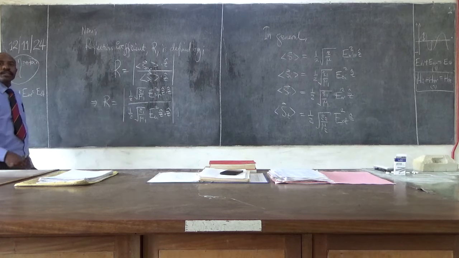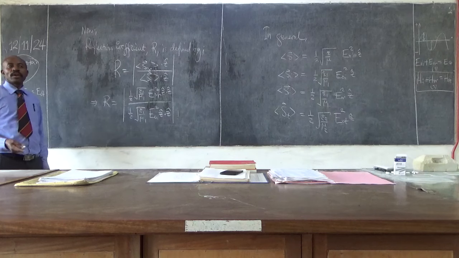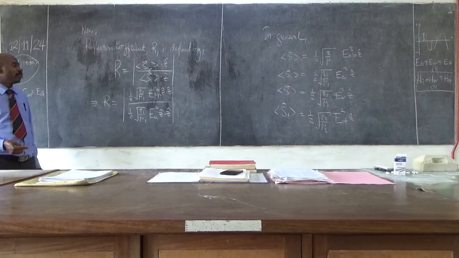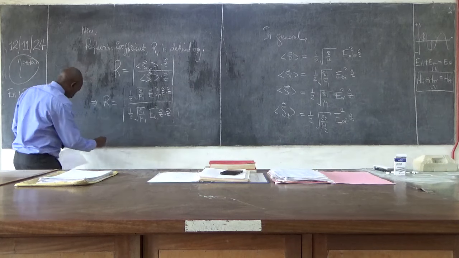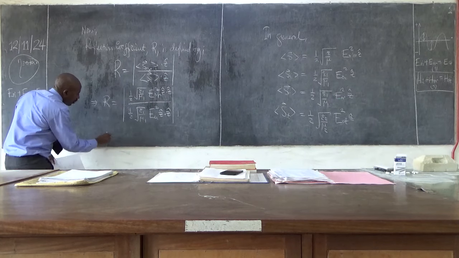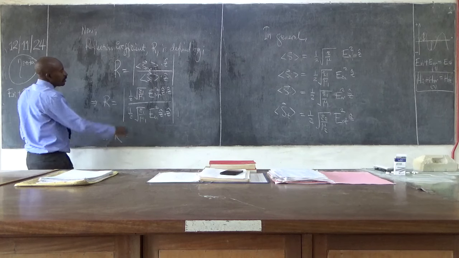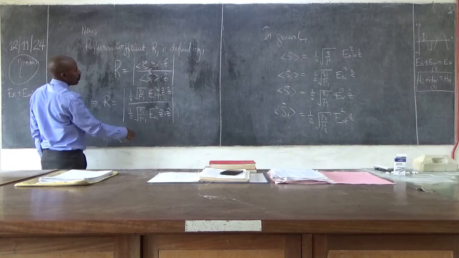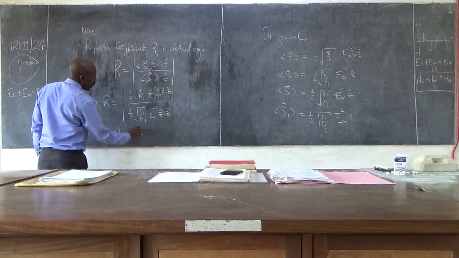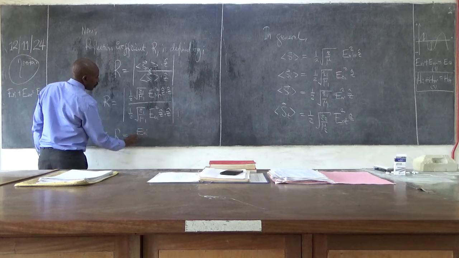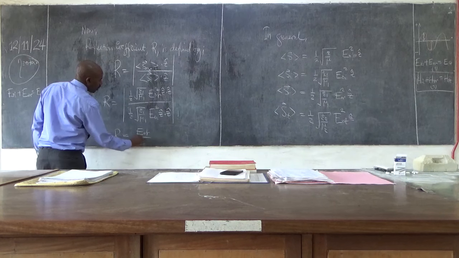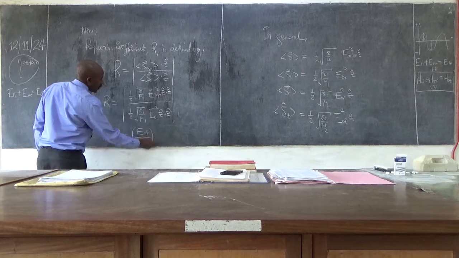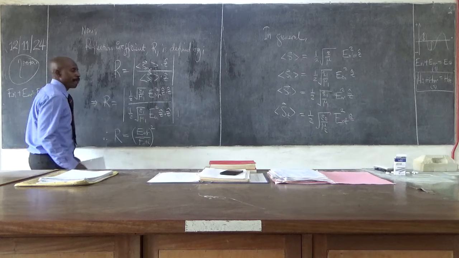When we start with z, it's 1 times 1, cos of 0, the angle between them, so everything disappears. Therefore our R will be simply E naught R over E naught I, squared.